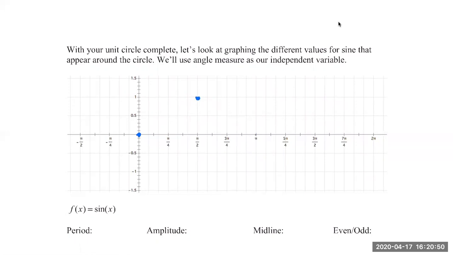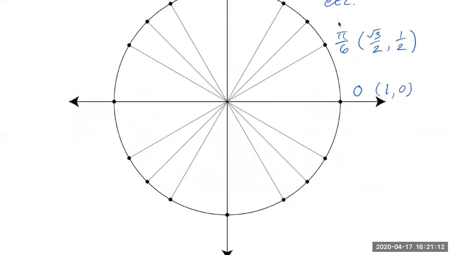Pi has a sine value of 0. Similarly, 3 pi over 2 has a sine value not of 1, but of -1. And finally, 2 pi has a sine value the same as 0, of 0. We could also think of travel in the negative angle direction. That is, if we were traveling like so.